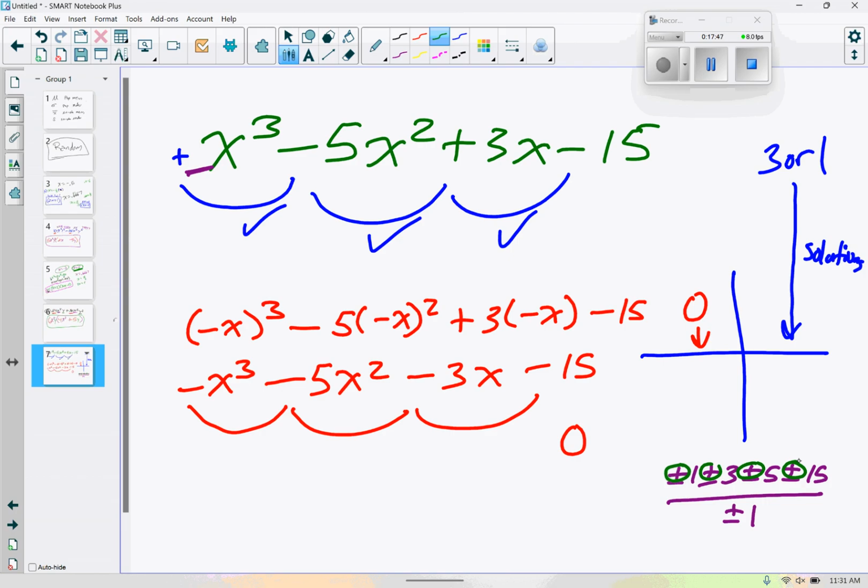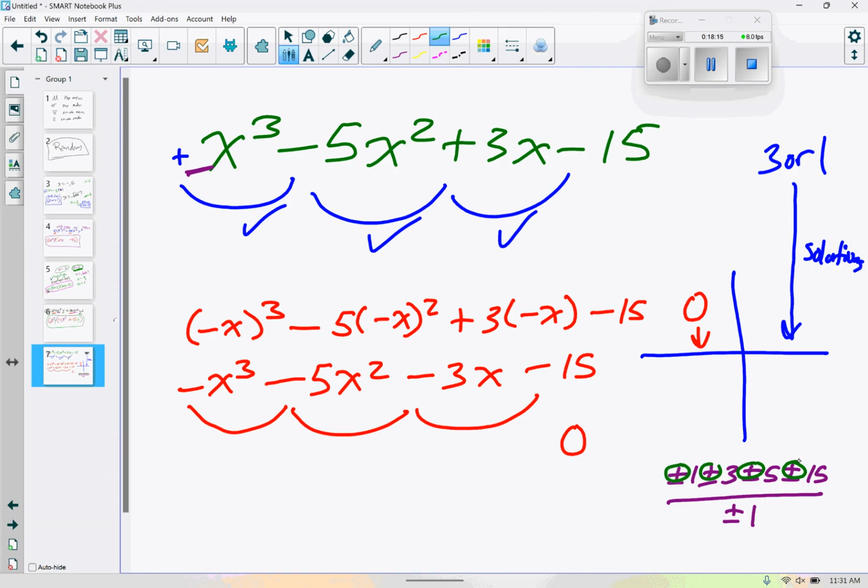Now we have to decide: are there 3 solutions, 3 places it crosses our x-axis on the right side of the y-axis, or is there 1? If there's 3, that means we have 3 real solutions, or 3 rational solutions. A rational solution can be written as a fraction or a whole number.